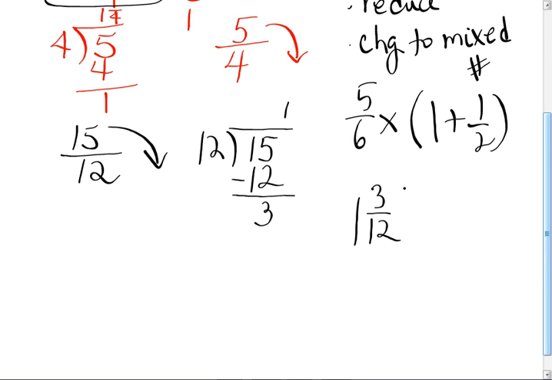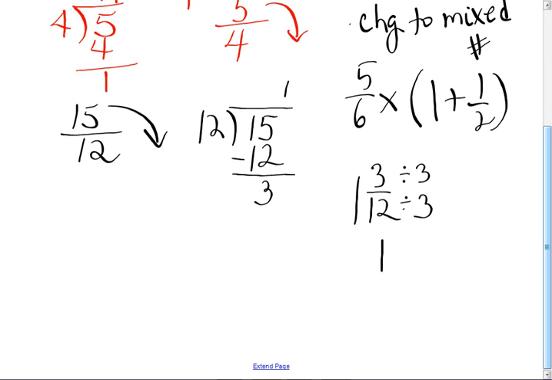What goes into 3 and 12? No, 4 doesn't go into 3. You're giving me the answer, I think. 3 goes into 3. That's what you're thinking. That's okay. You're just ahead of me, which is not a bad thing. So it's 1, and then this 3 goes into 3 once. 3 goes into 12 4 times. Your calculator will do it all for you in one. Well, not quite all in one fell swoop, but pretty close.